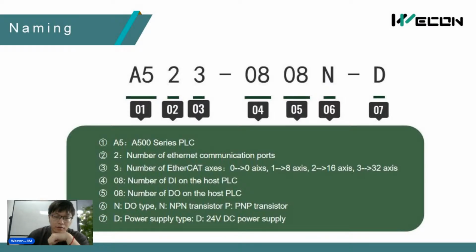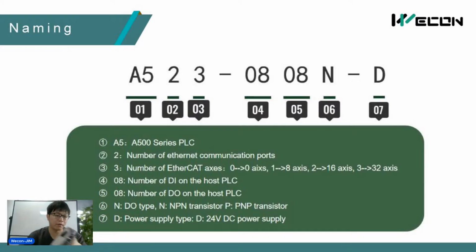Now, before we introduce the hardware ports and communication ports of A500, let's check the naming of the product first. Here the first part is the series of the PLC. A5 means A500. The second number means the EtherCAT communication port number.